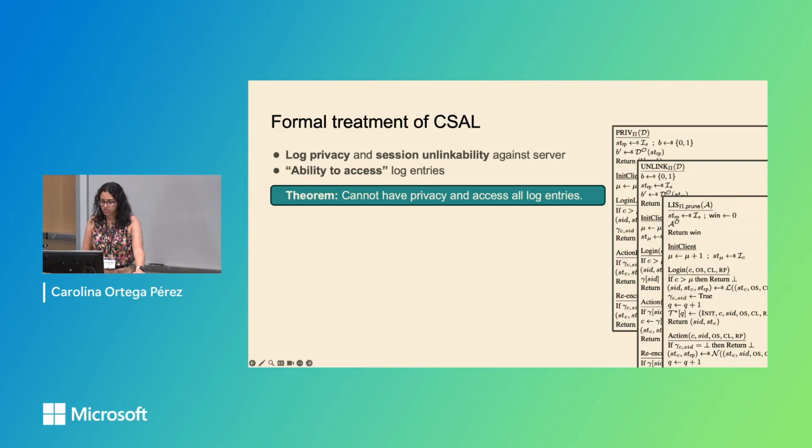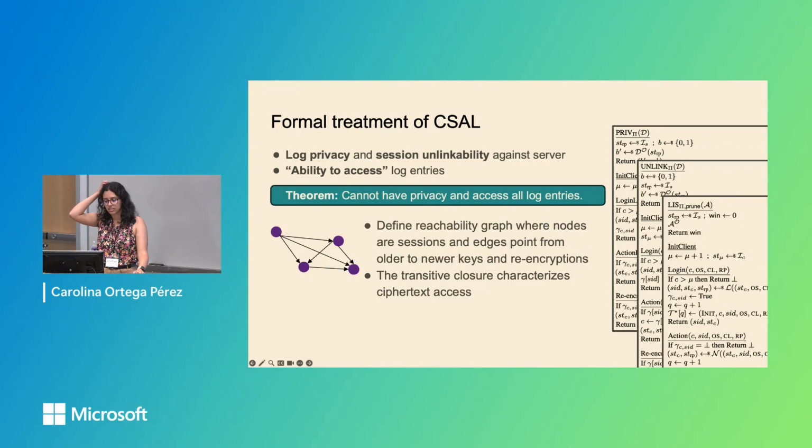And so we define a reachability graph. This is a graph where each of the nodes is a session, and there are edges from older to newer sessions. And when there is a re-encryption, there are edges from the sessions that are getting re-encrypted to the session that did the re-encryption. And there is a final graph that is taking the transitive closure of all of this.